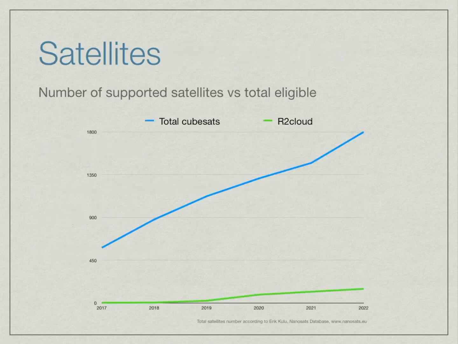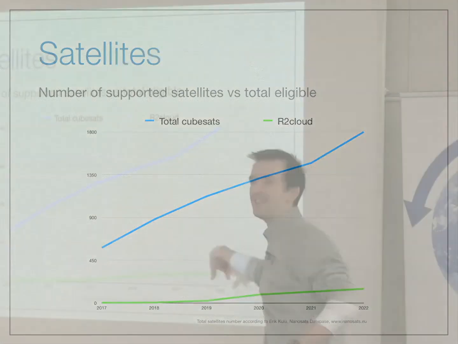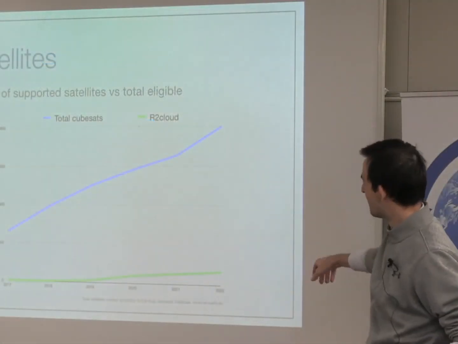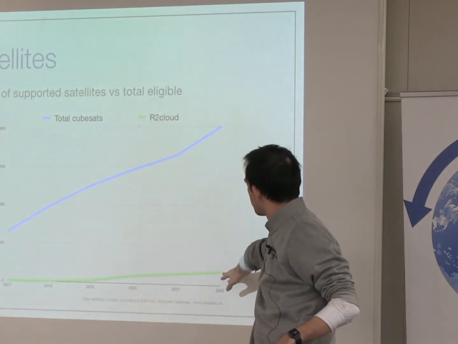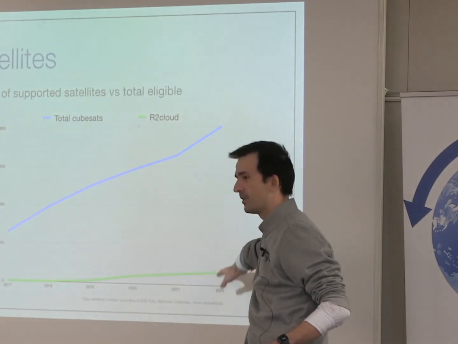That's easy, and I spent quite some time on it over a couple of years. This is a nice green line: that's the number of satellites I support. It grew from maybe 5 satellites to almost 200. That's a lot.